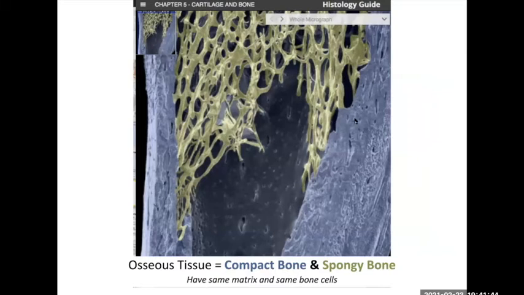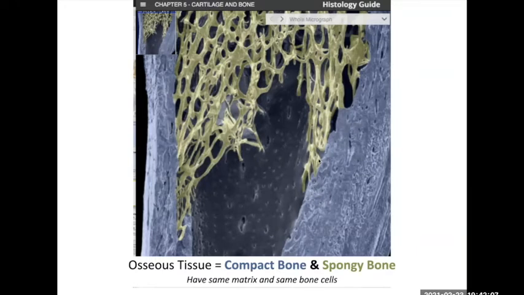And then you want to look at the compact versus the spongy bone organization. Again, compact bone here in blue. This is an electron micrograph. Over here, we're versus this very porous structure of the spongy bone. So even though these look very different, you could think of a big metal wall or something like that.